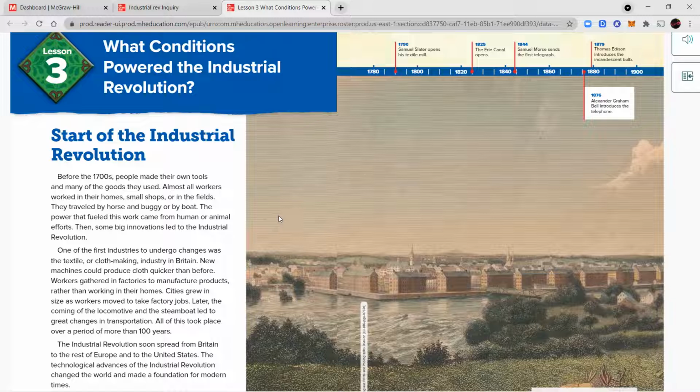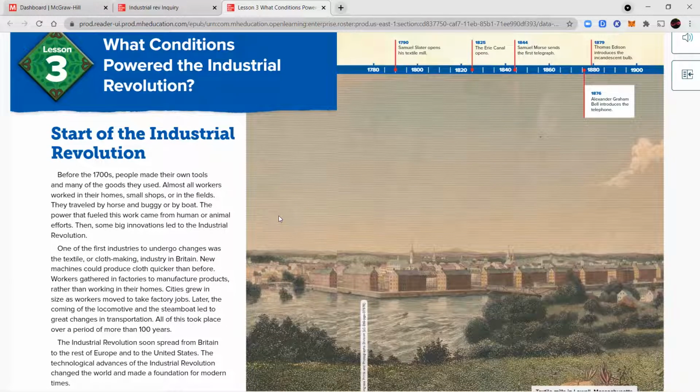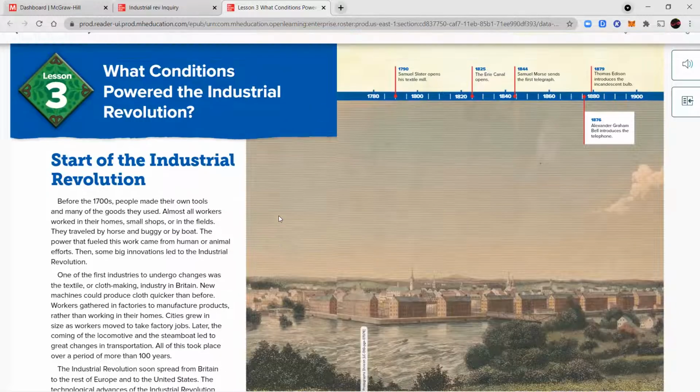Mainly, one of the first things that was impacted was the cloth making. So for things like clothing, anything you needed fabric for, all of that took off when they were able to make these things a lot faster in factories. So people weren't making them at home and working out of their homes anymore. Now they were leaving home or moving closer to a factory so they could work in the factory instead.